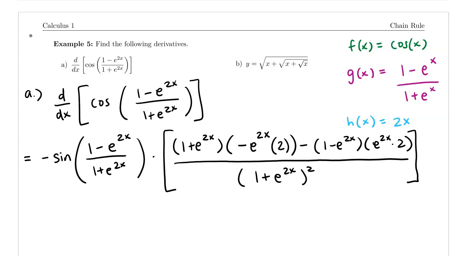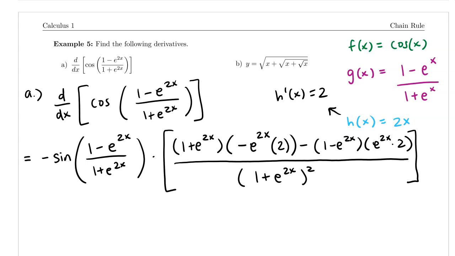Now notice, because h of x here, if I took the derivative of that, h prime of x is equal to 2. And I went about it where I used the chain rule in these individual moments, but notice that at the end I also could have multiplied by 2 because I could factor those out. But I chose to use the chain rule in those moments instead of waiting until the end.